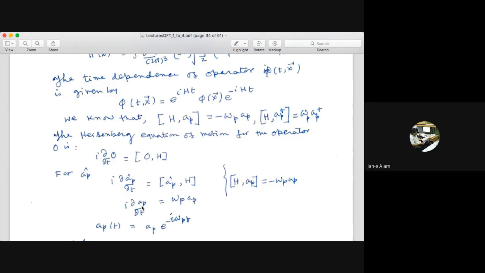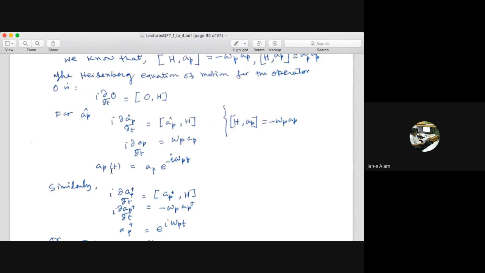So I have an equation now, i dA_p/dt is equal to omega_p A_p. And this equation has a solution that A_p at time t will be equal to A_p at time t equal to 0 multiplied by e to the minus i omega t. So this is how the time dependence of the operator A comes into the picture.